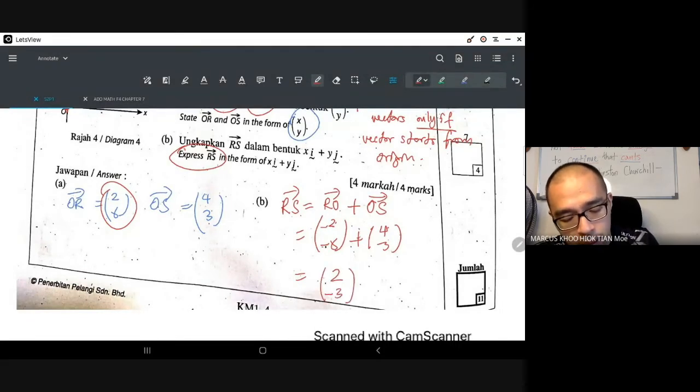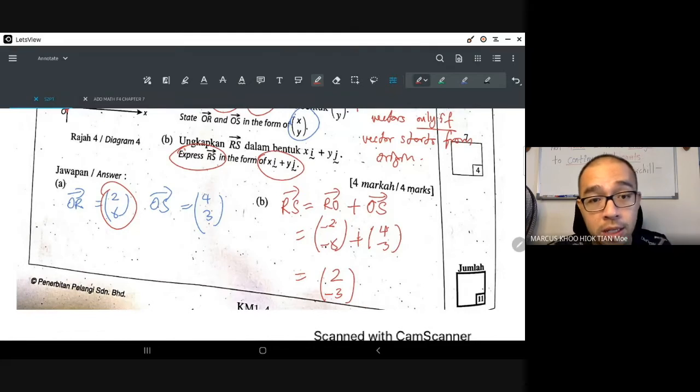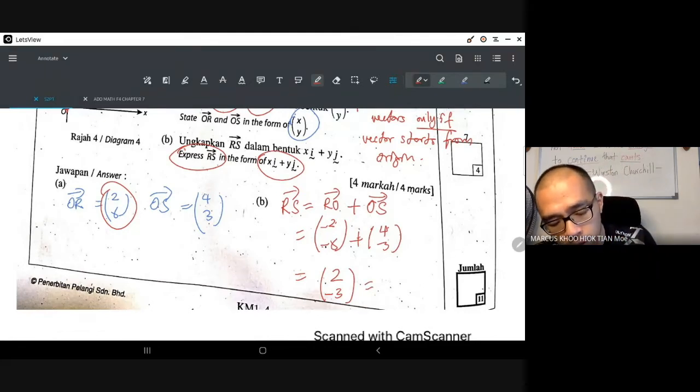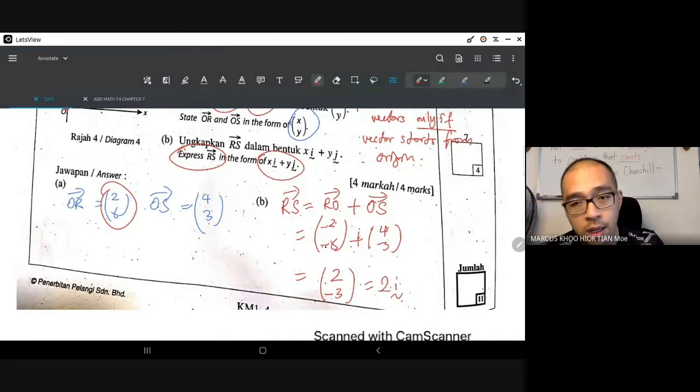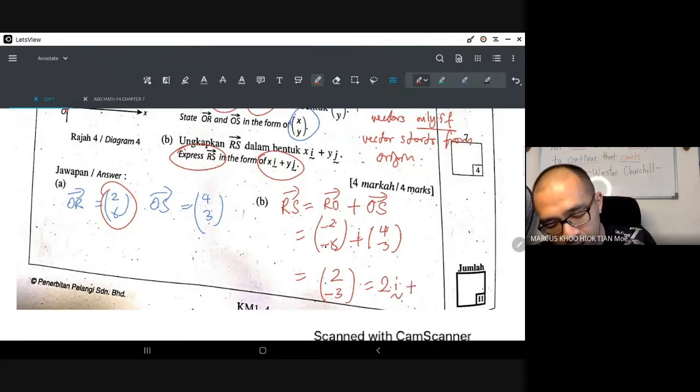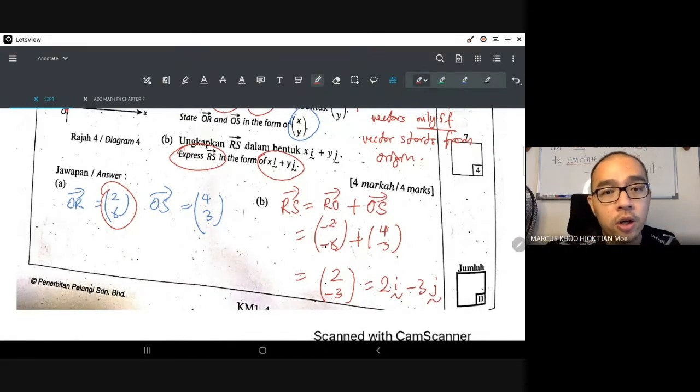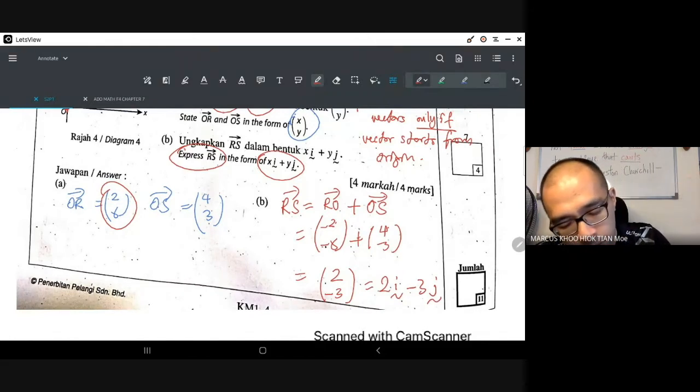But the question asks in the form of xi plus yj. So you rewrite this now. 2i with the squiggly, plus, oh sorry, -3j with the squiggly, because negative. Common question I always get, and I think some of you asked me last year, what if I forget the squiggly?